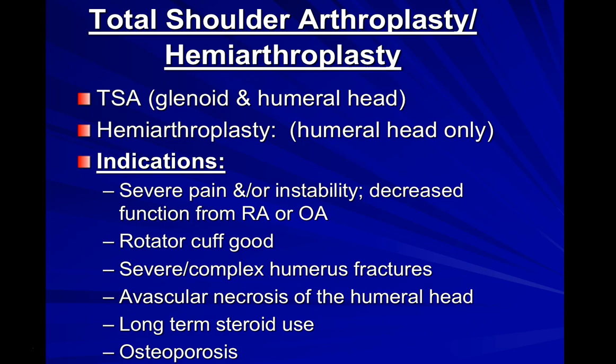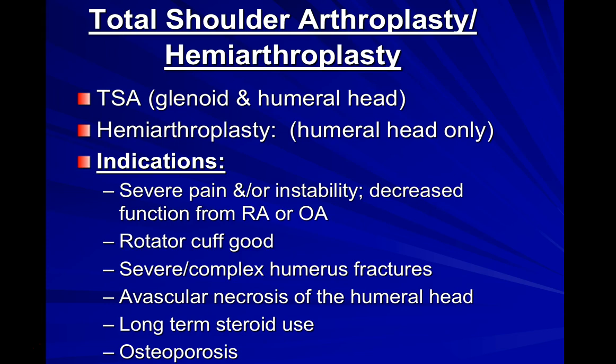Patients can definitely benefit from having the arthroplasties if they have pretty severe comminuted humerus fractures, patients that maybe had a humerus fracture or a glenoid fracture, underwent ORIF and ended up with avascular necrosis of the humeral head. Obviously then a shoulder replacement would be indicated in that case, especially the hemiarthroplasty.